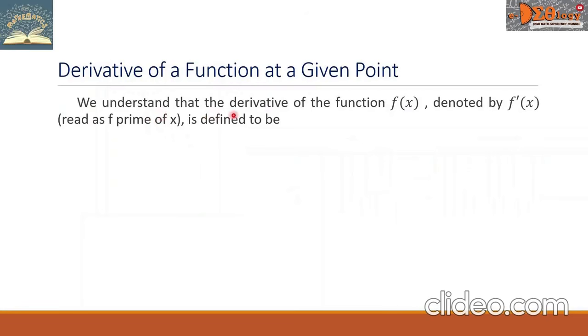We understand that the derivative of the function f of x, denoted by f prime of x, is defined to be f prime of x equals the limit of f of x plus h minus f of x all over h as h approaches 0.